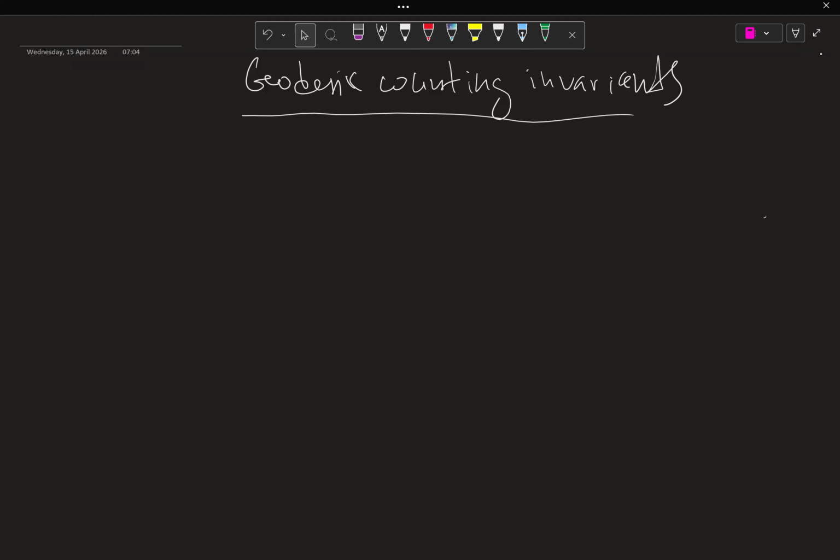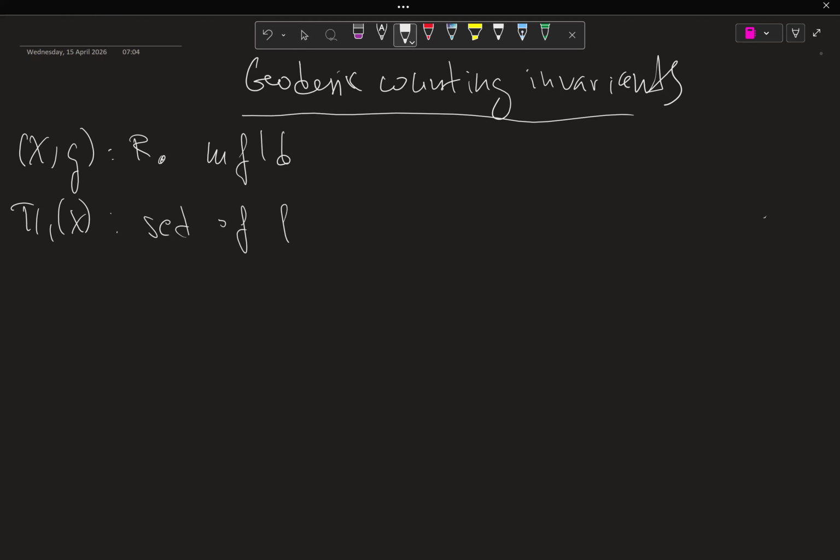So let me just very quickly set up some basics. X, G will denote a Riemannian manifold. π1(X) will be the set of free homotopy classes, non-constant.